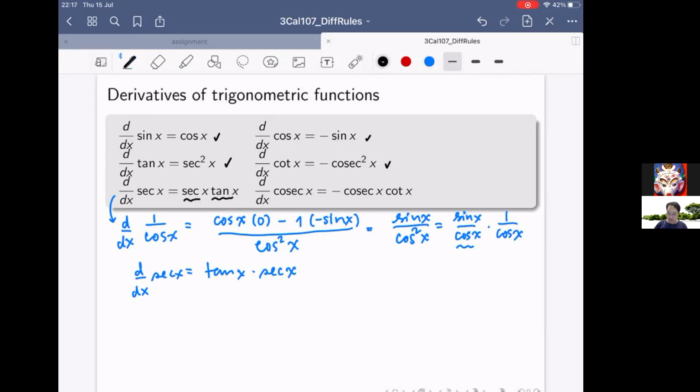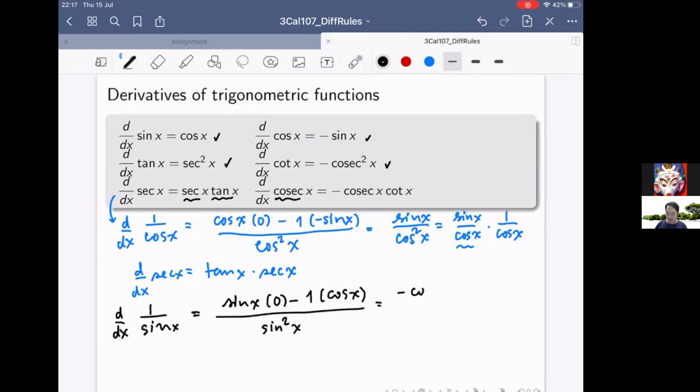Okay. So on the other hand, if you take the derivative of a cosecant, it is 1 over sine, which is again the bottom times the derivative of the top minus the top times the derivative of the bottom, over your bottom squared. So you have negative cosine, and then one of them divided by sine, and the other one is 1 divided by another sine, because you got sine squared here.